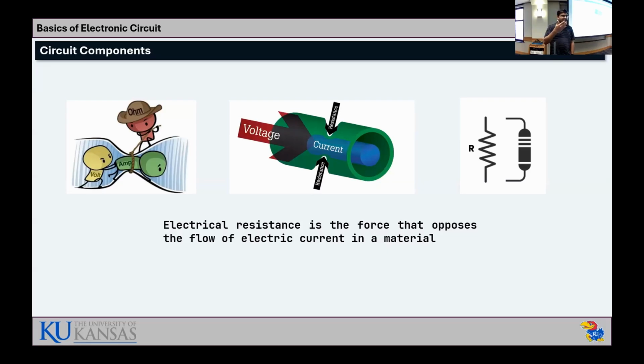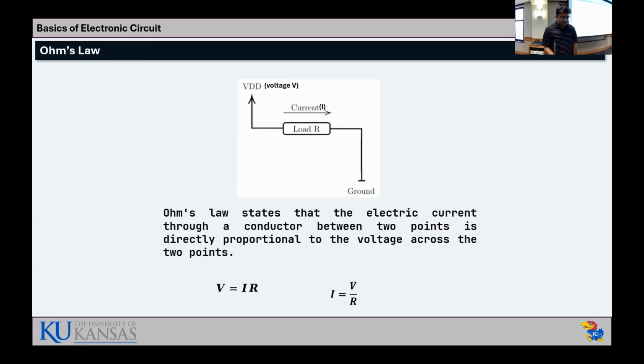You can make it high, you can make it low, and you can also stop it with a large resistance. So if you combine all of these, we have this very basic law of physics, that is Ohm's law. Ohm's law says that in an electric conductor between 2 points, if you have a resistance, the flow of current is proportional to the voltage. This law is very important.